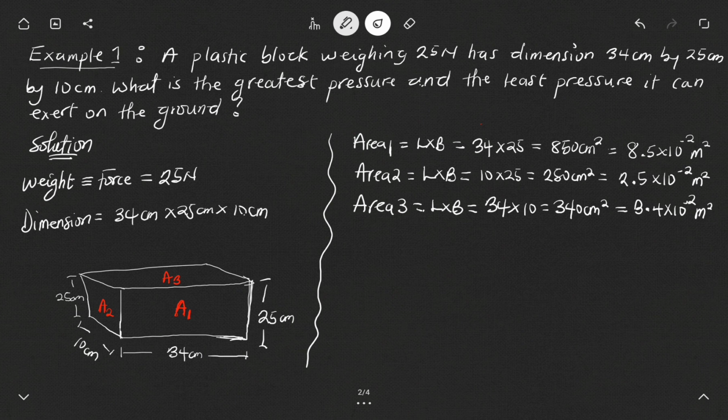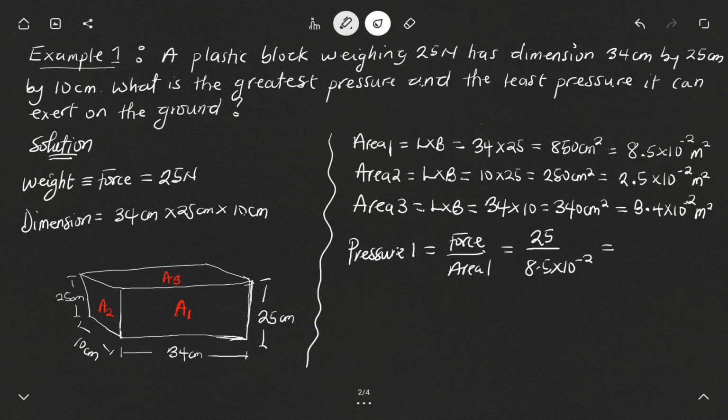So that is our area for area 1, area 2, and area 3 as shown in the diagram over here. Now that we have the area 1, area 2, area 3, let's proceed to calculate the pressure that each of these surfaces can exert on the ground. So let's calculate pressure 1. Pressure 1 will be equal to the force or the weight on area 1, which is the force we were given, 25 newtons, divided by the area 1, which is 8.5 times 10 raised to the power minus 2 meters squared.